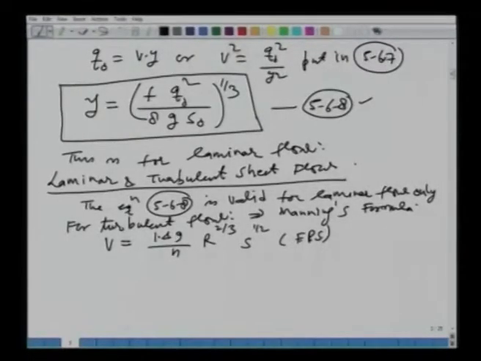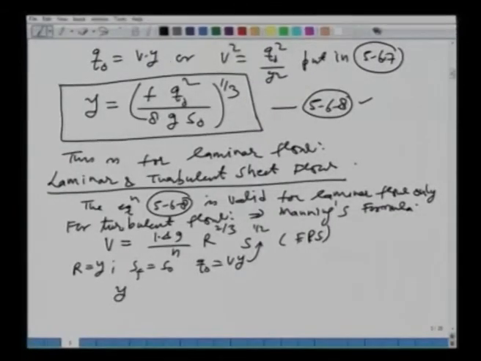Okay. All right. So, if you put R is equal to y in this equation and S_f is equal to S_0, then what you will have is q0 is equal to V times y. So, if you use all of these equations in your Manning equation, you can derive this.